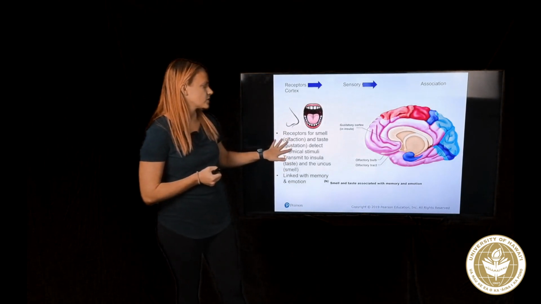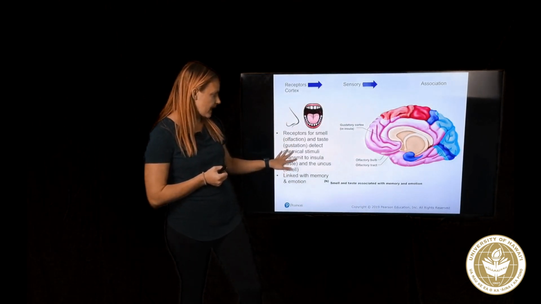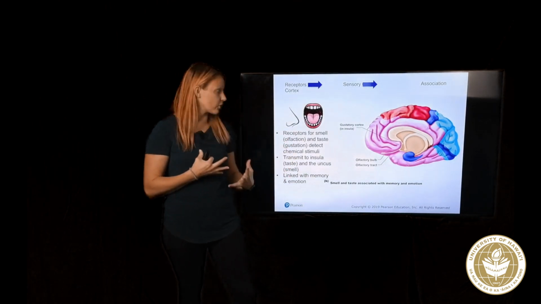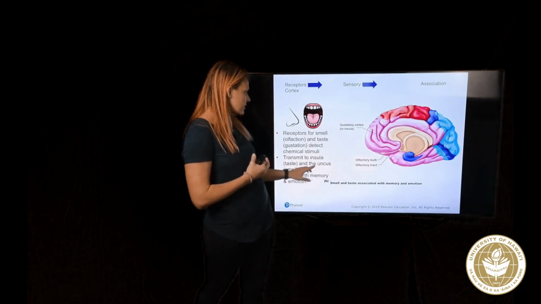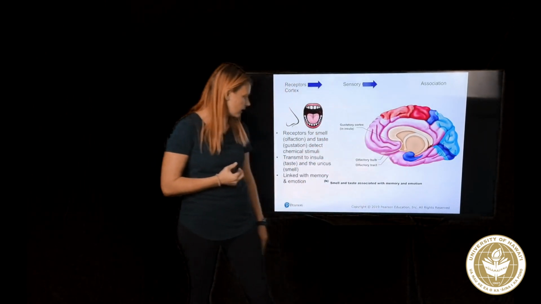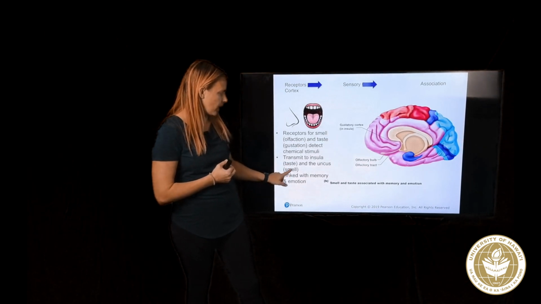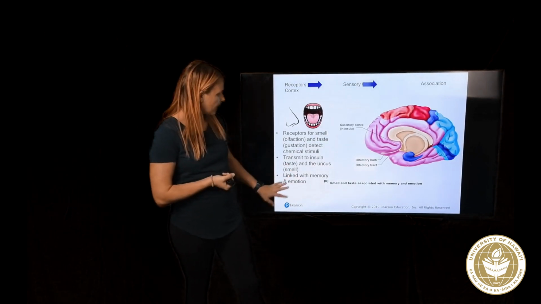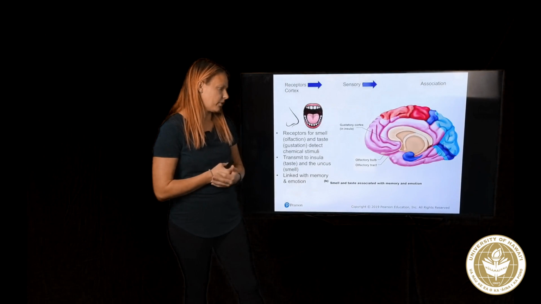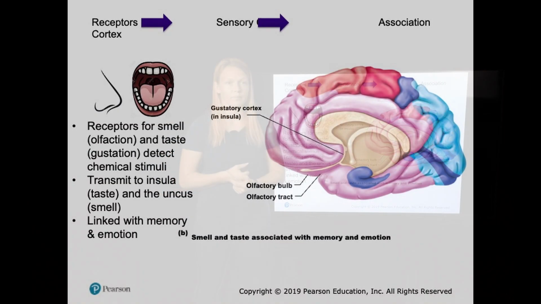So again, your receptors for olfaction and taste are going to detect different chemical stimuli. They transmit to your insular region, right, for your taste, and the uncus for your smell, and that's linked with memory and emotion.